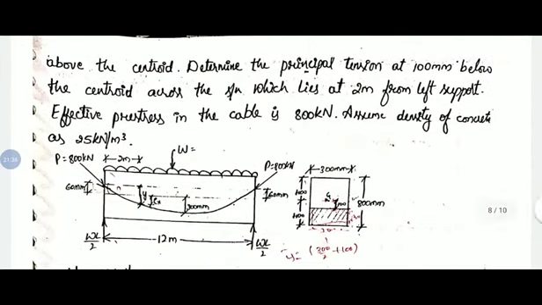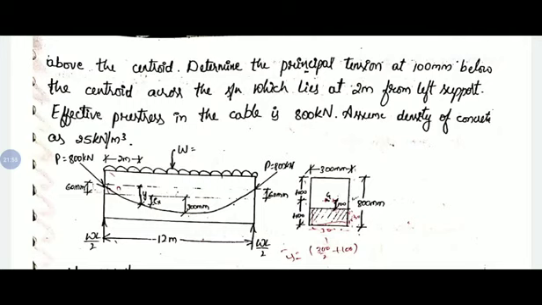Then determine the principal tension at 100 mm below the centroid across the section which lies at 2 meter from the left support. Effective pre-stress is 800 kilonewton. Density of concrete 25 kilonewton per meter cube.